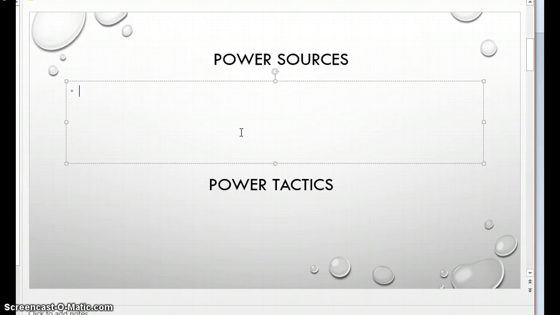Like the first one it talks about is referent power. And this is when someone identifies or admires a person, and so they give them power over them in the sense that they admire them and respect their decision making. You may have expert power.